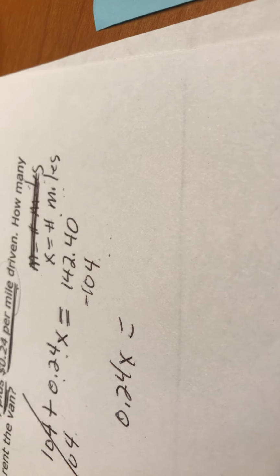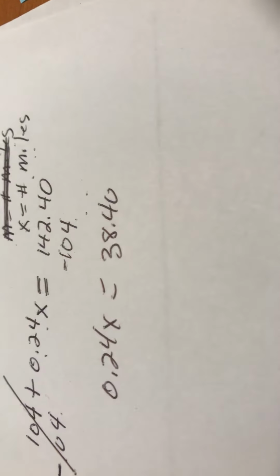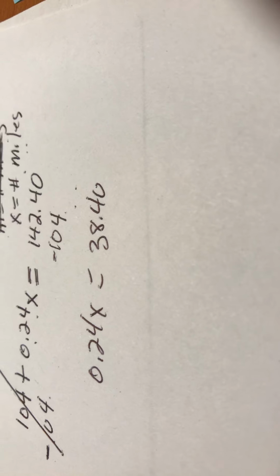So what's left is 0.24x on this side, which is going to be whatever that is. 142.40 take away 104 is $38.40. Okay, so I take away 104 from 142.40, I get $38.40.